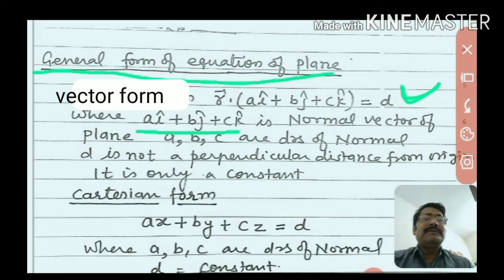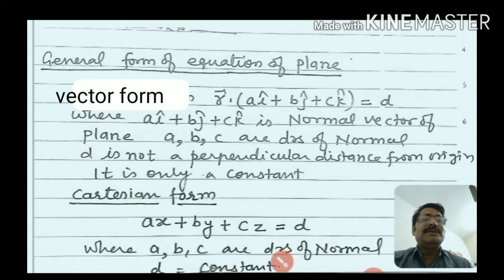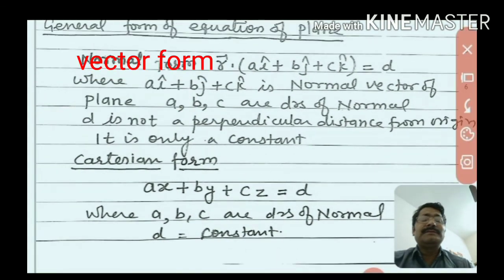Here we have a i cap, b j cap and c k cap, and you convert it directly to ax plus by plus cz equal to d. Now from the equation ax plus by plus cz equal to d, a, b, c are the direction ratios of the normal and d is a constant.